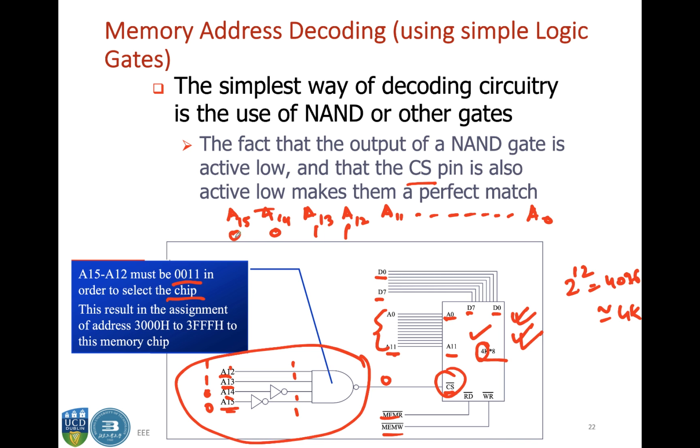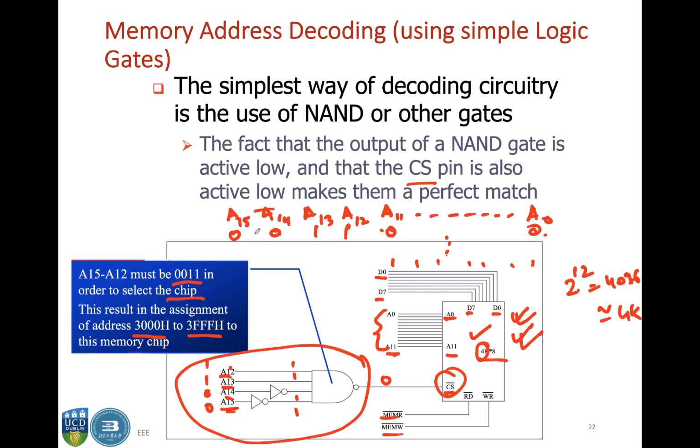And A11 to A0, which goes directly to the address pins of this memory chip, could range from all zeros to all ones. Therefore the range of addresses that this interfacing circuitry can access is between 3000 hex and 3FFF hex.